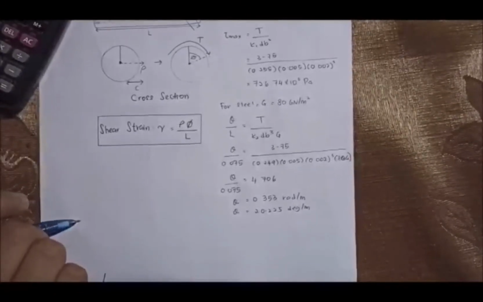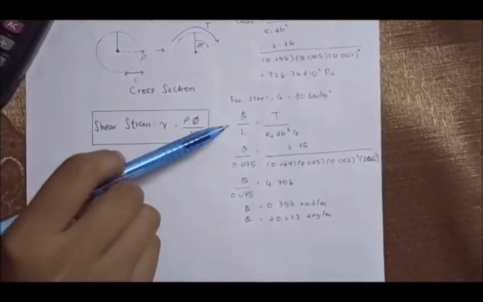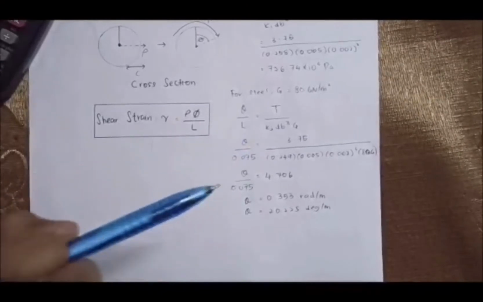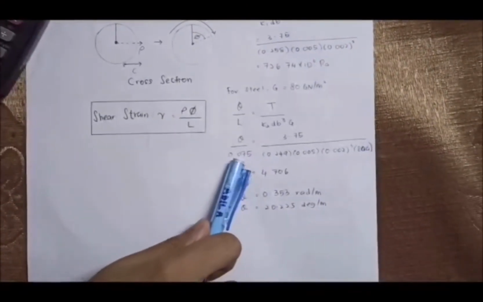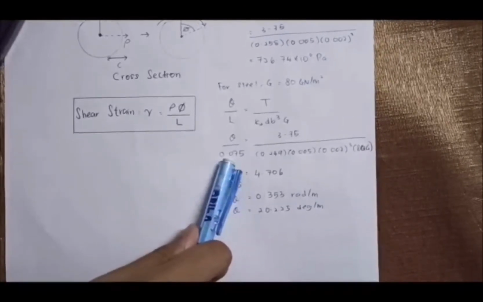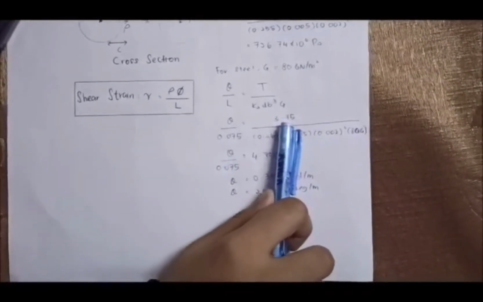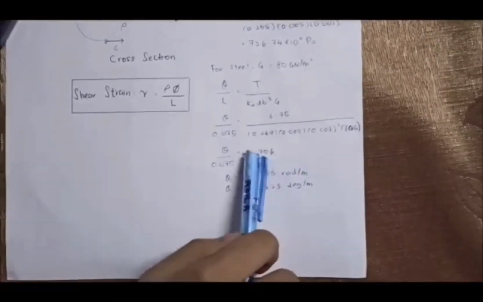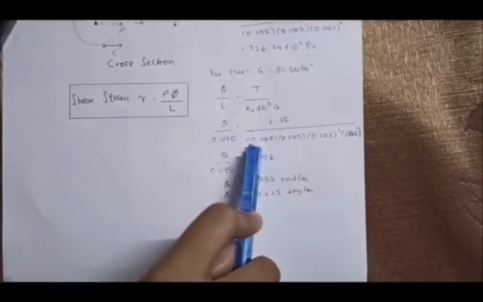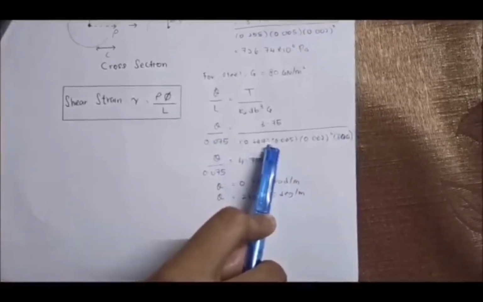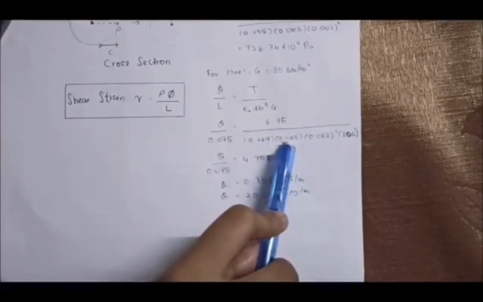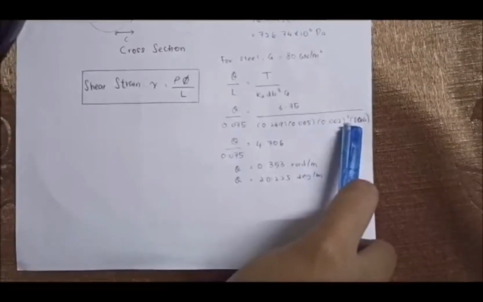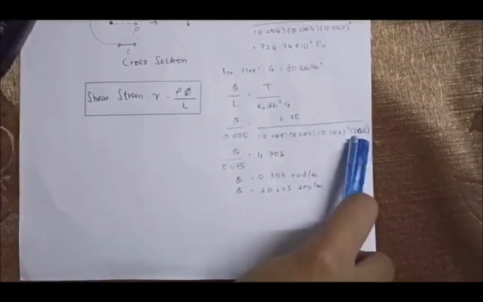Angle of twist over L equals T over K2 dB cube G. The value of L is 0.075, equal to 3.75, the value of T, divided by K2, which is 0.249, multiplied by dB cube, which is 0.05 multiplied by 0.02 cube, and multiplied by 18 giga.